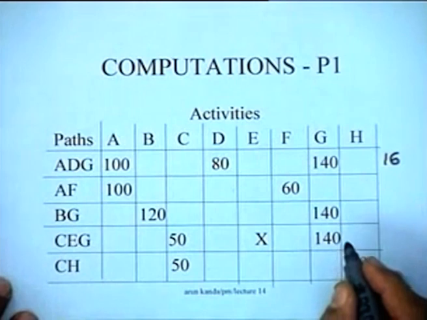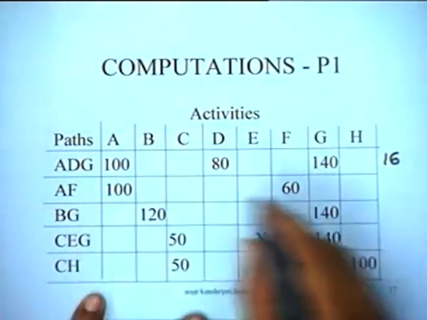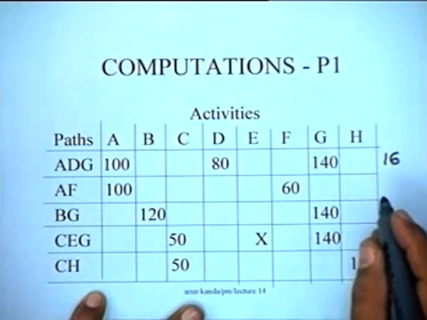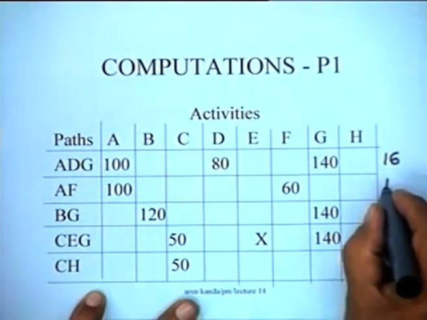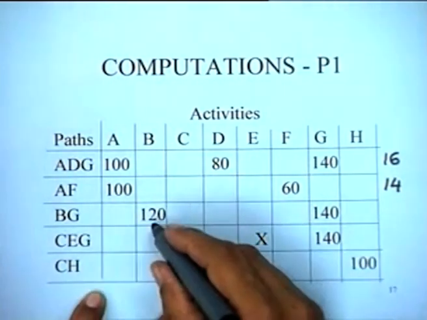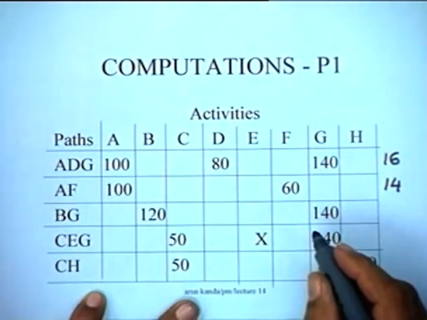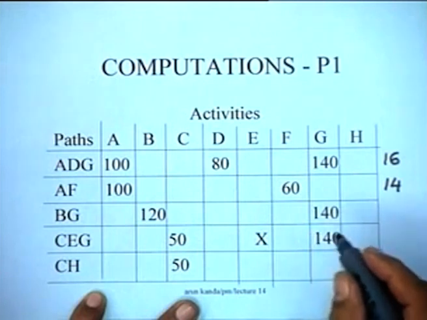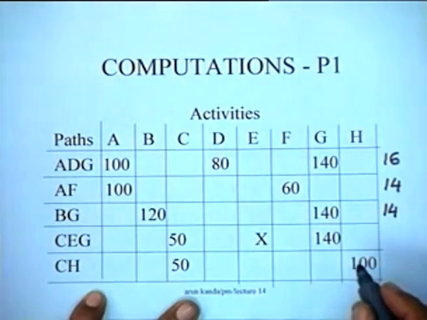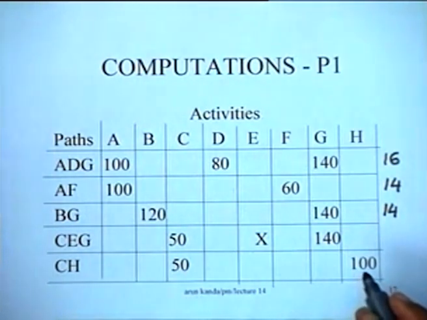Let me write it there. Similarly, for the path AF, the length is going to be 14 days. So this is the length of this path. BG, the length of this particular path BG is going to be 14 days. Length of CEG, C is 3, E is 2, that makes 5, and G is 7, that makes 12.